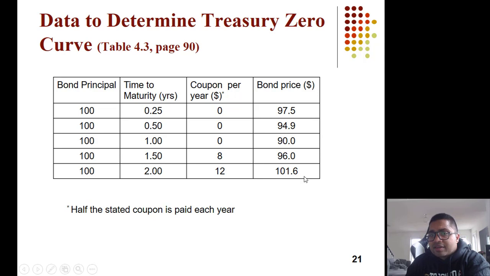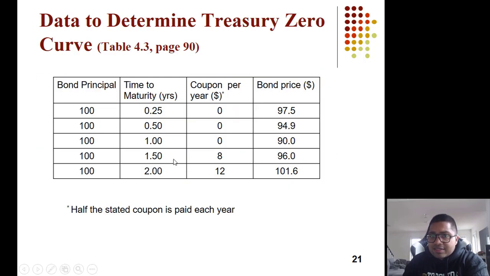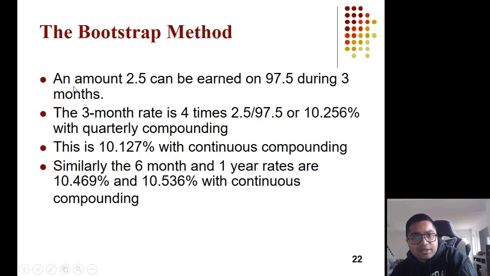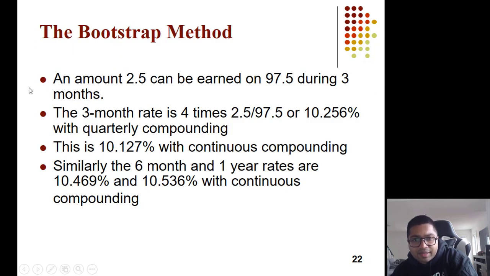But when coupon payments are received, then it becomes an issue. You actually have to draw a timeline and then discount it. For example, an amount of 2.5 can be earned on 97.5 when you invest in the first bond during 3 months.